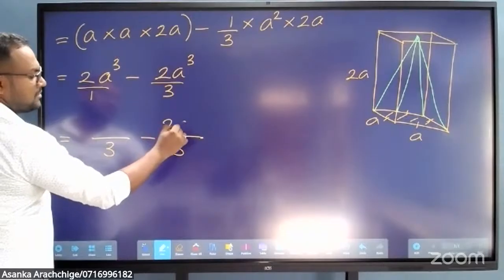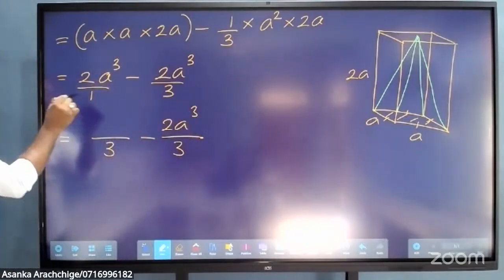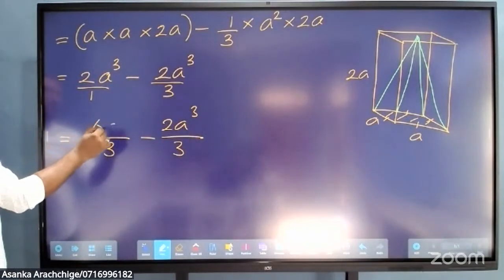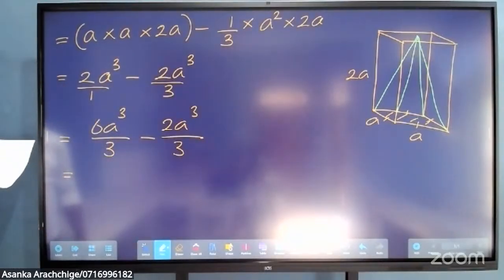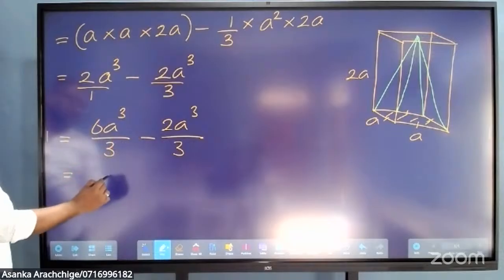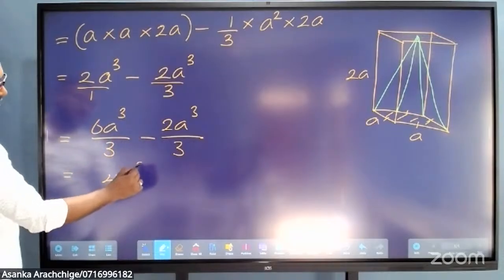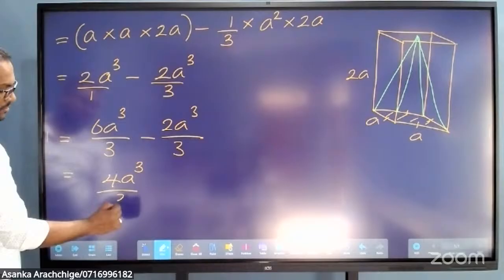This fraction remains unchanged. 3 times 1, 3 times 2, 6A cube. Therefore, the volume of the metal that is remaining is 6 minus 2, 4A cube upon 3.